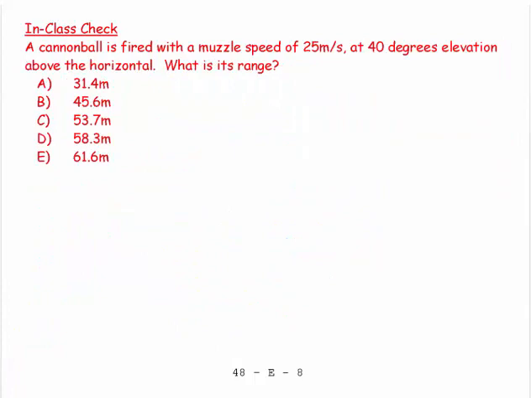Let's look at this next one. A cannonball is fired with a muzzle speed of 25 meters per second at 40 degrees elevation above the horizontal. What is its range?